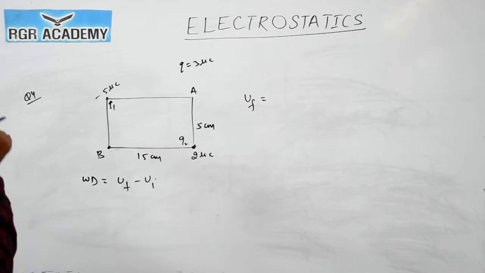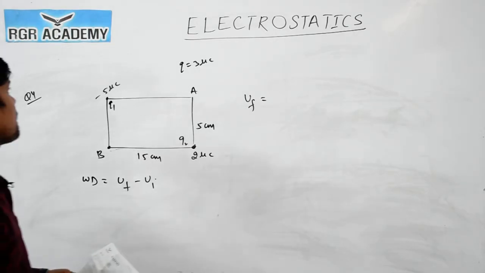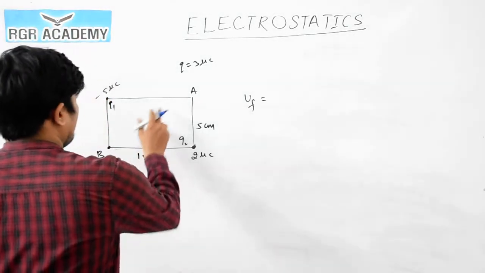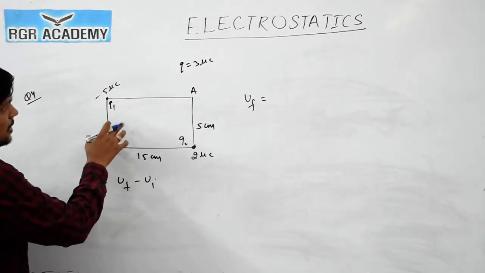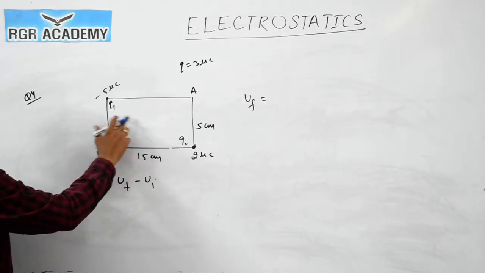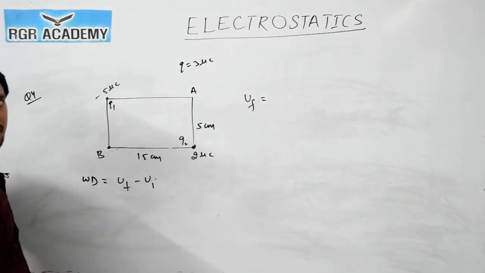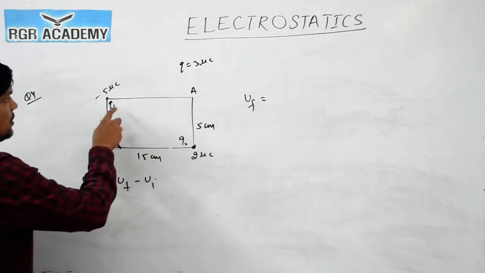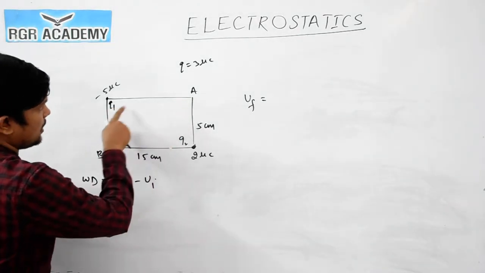The final potential energy of these two will be similar to the initial potential energy, so I will not write that down. We have to write the total potential energy of the system, meaning the potential energy of q1 and this, q2 and this, and q1 and q2.